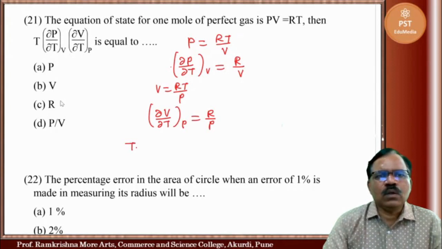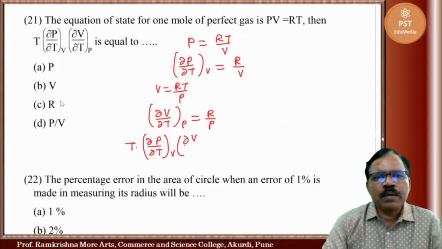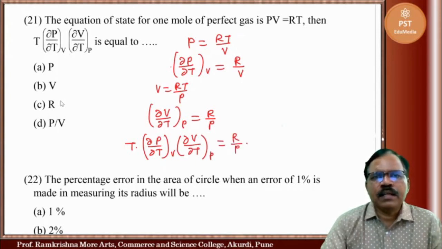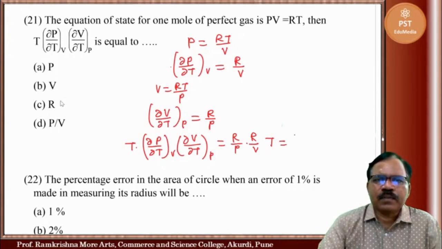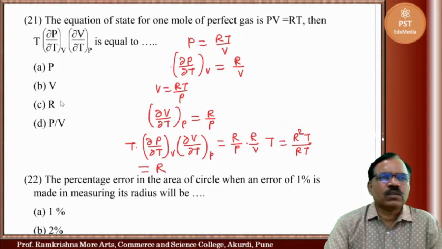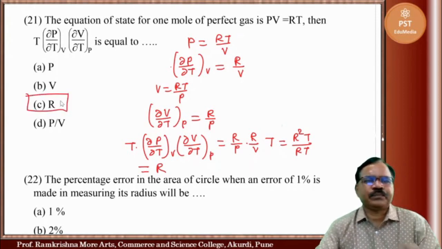So T into ∂P/∂T at constant V into ∂V/∂T at constant P will be equal to R/P into R/V multiplied by T. Now we know PV = RT. So R²T upon PV, and PV is RT, so we'll get only R. So here this one is correct.